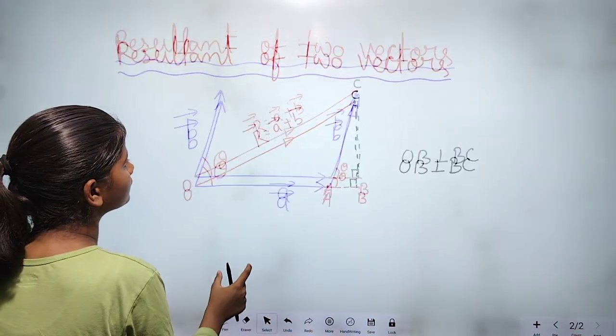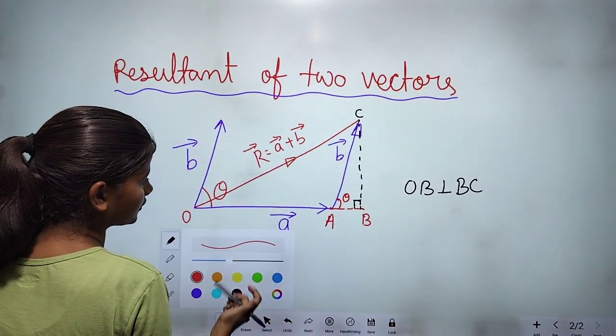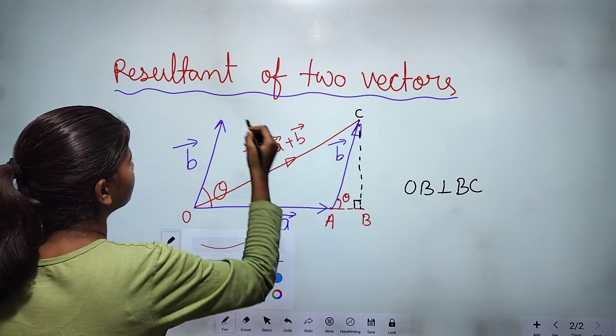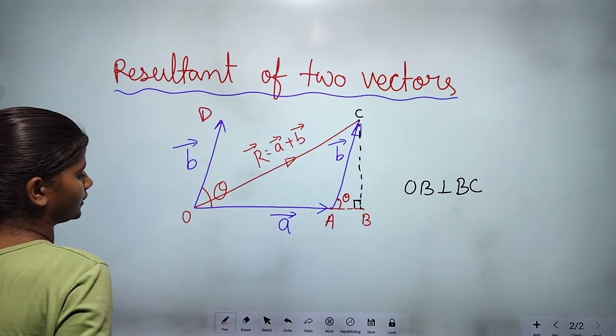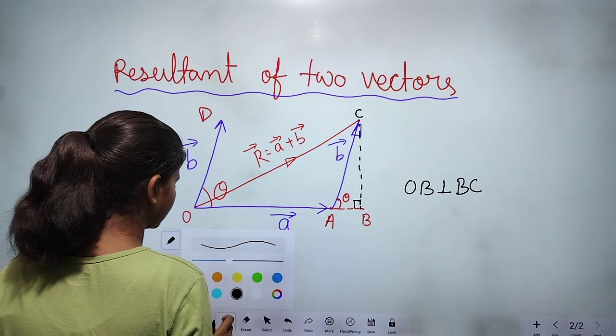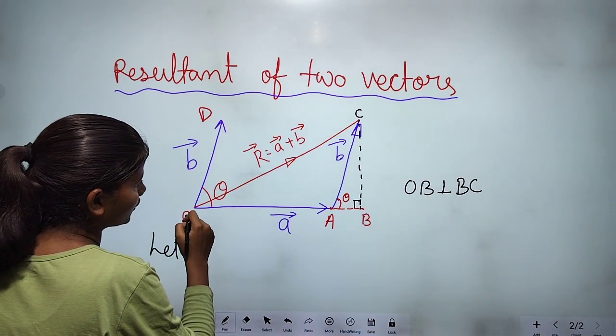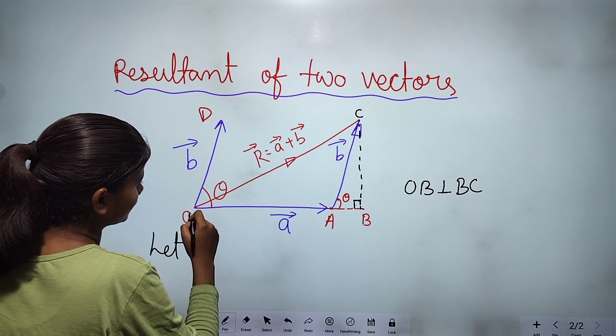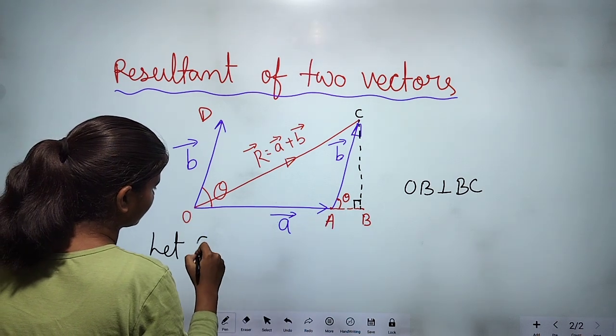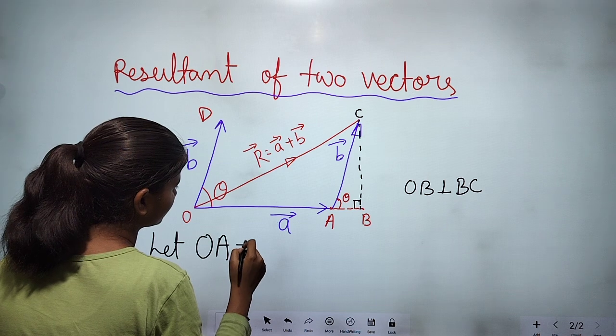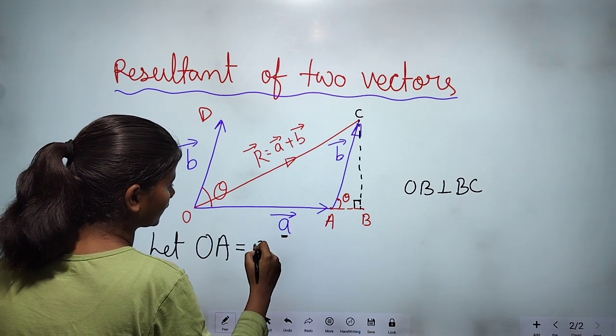Now this one is our OAB, but this one is our D. So here let OA be equal to our A vector.